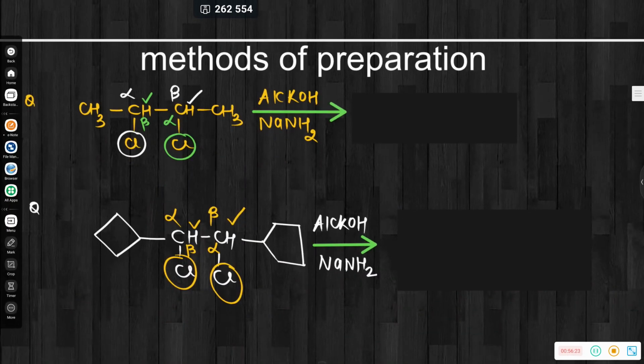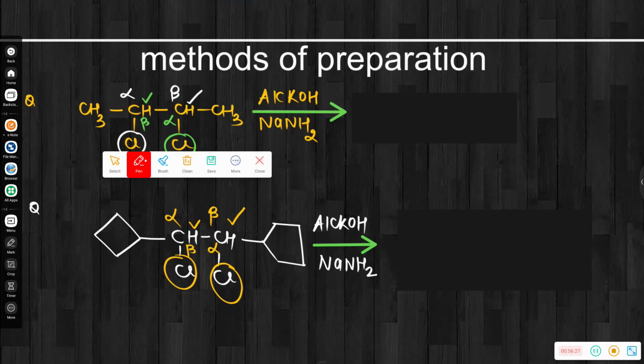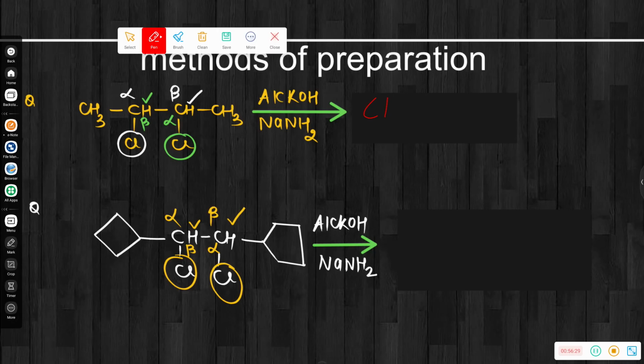Like this, tell me what is forming. With alcoholic KOH and NaNH2 both, what will form? CH3, C triple bond C, CH. Simple. Why? One HCl removed, then another HCl removed, one by one. Here, same. Then what will form? Tell me.